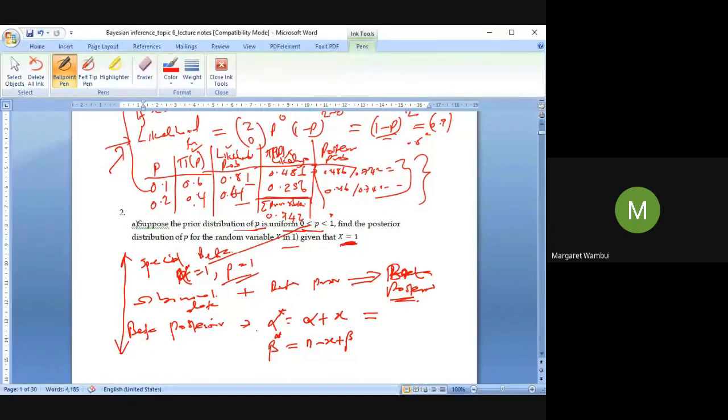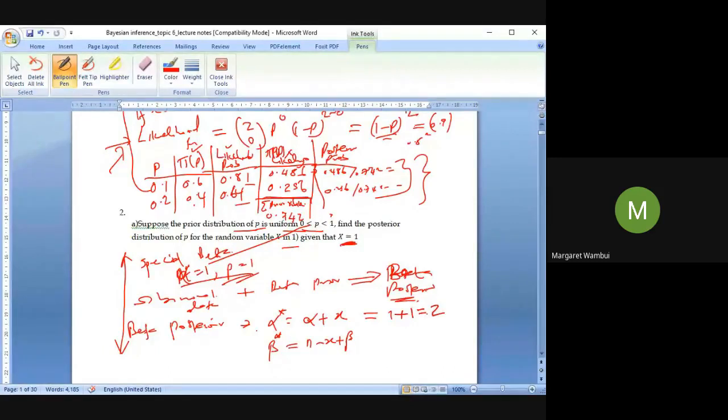So here x is equal to 1, and we already know it is a uniform prior, which we said is a special case of the beta distribution, where alpha is equal to 1 and beta is equal to 1. Therefore, our new value for alpha will be equal to the original alpha, which was 1, plus the observation x equal to 1, and this gives us 2.